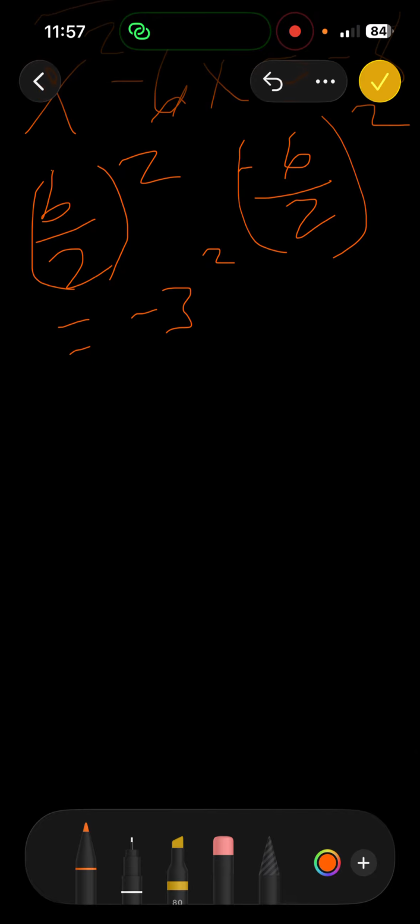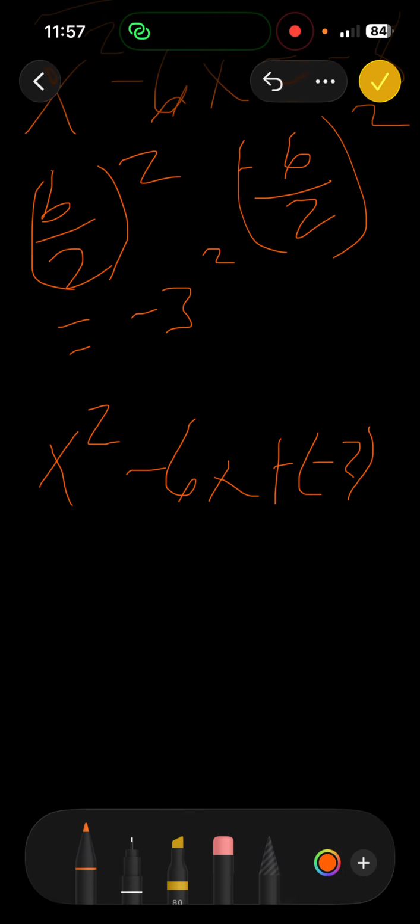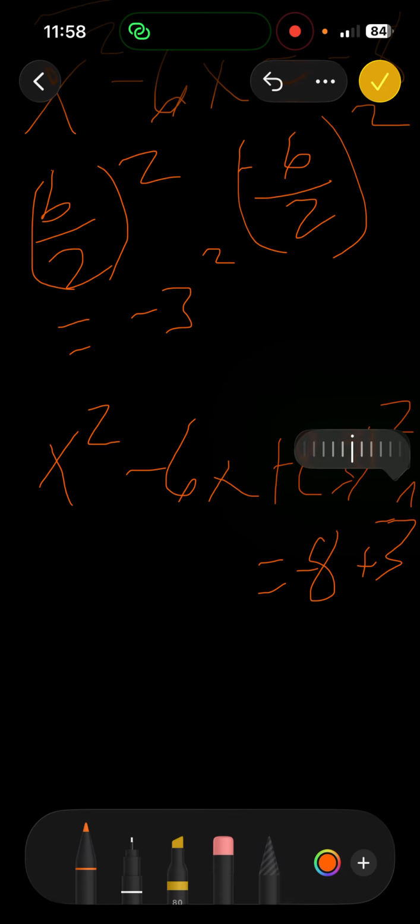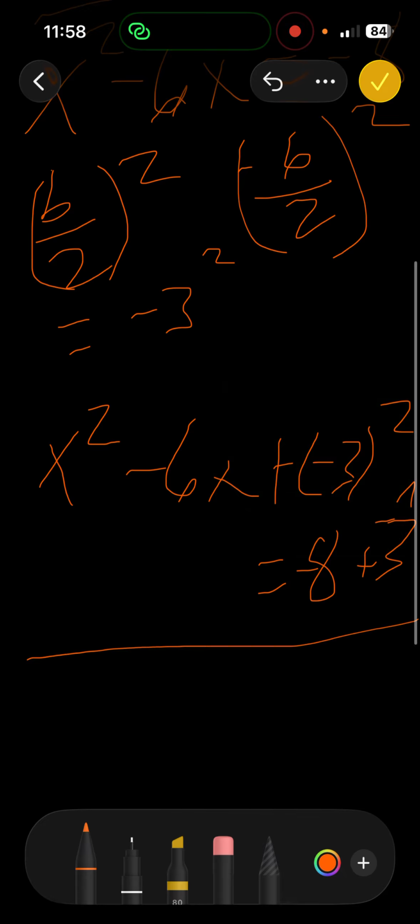Now we're going to go back to our original quadratic equation, which is x squared minus 6x. Then we're going to add our squared number, plus negative 3 squared, equals negative 8 plus negative 3 squared. Sorry about that, folks, I don't have space here. So what's going to happen?